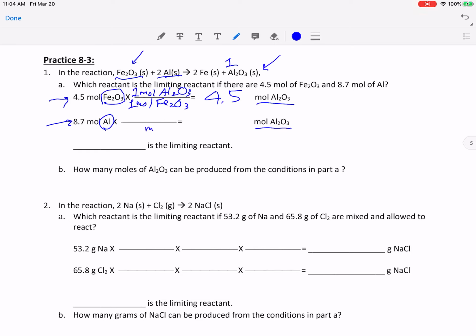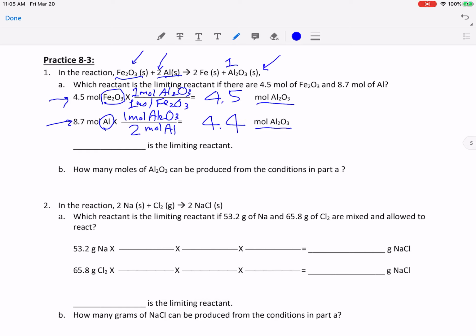So mole of aluminum is down there, and you find that its coefficient is 2, so 2 mole of aluminum will produce 1 mole of aluminum oxide. So now you're going to divide the 8.7 by 2 to get to the 4.4 actually.